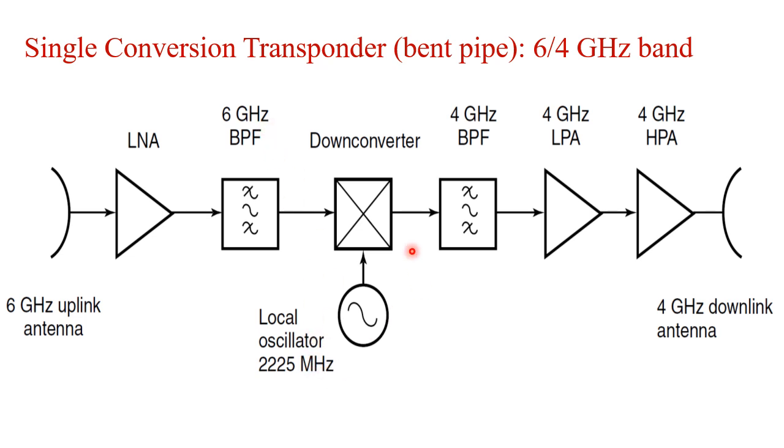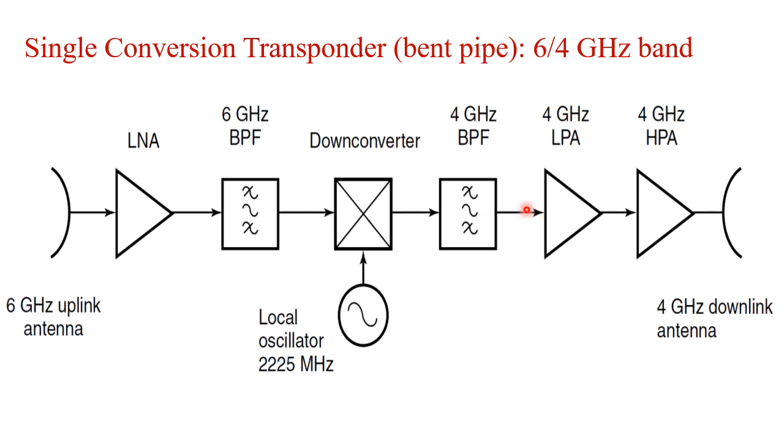At the same time, since it is a nonlinear component, some other frequencies may also be generated, right? But our required frequency is 4 gigahertz, that is the difference frequency. So for that, we use this bandpass filter at 4 gigahertz to ensure that other frequencies are removed and only 4 gigahertz is passed.